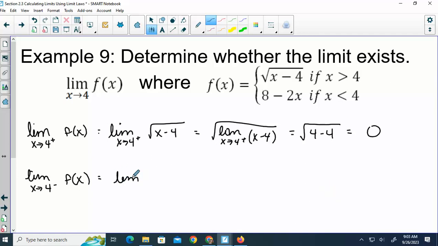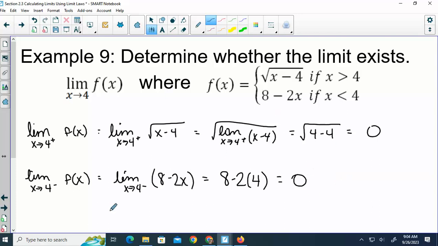If we approach 4 from the left, which piece are we on? Less than 4. So direct substitution says that's a polynomial. I can just plug in my 4. It doesn't matter when you're plugging it in if it's the left or the right. We can just put that in. And we get 8 minus 8, which is 0.